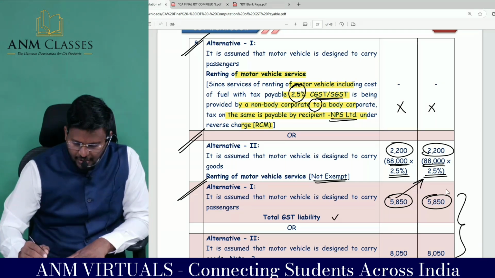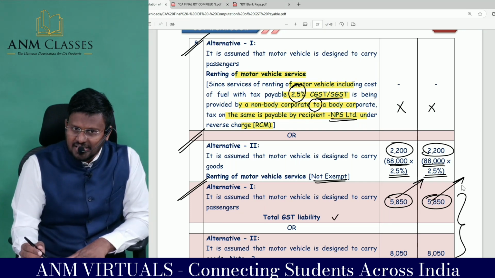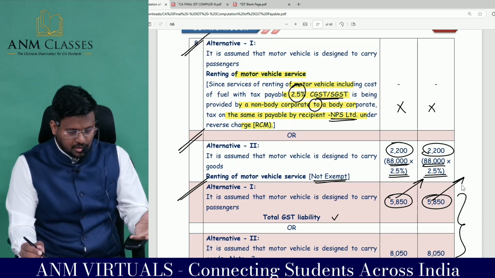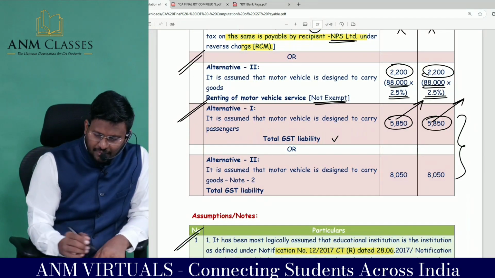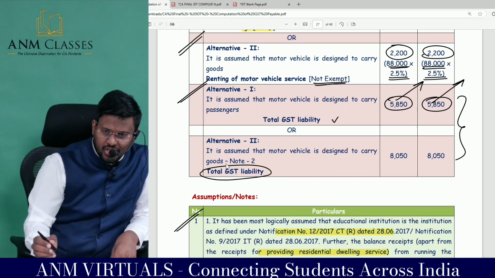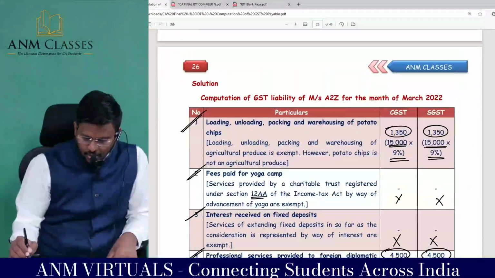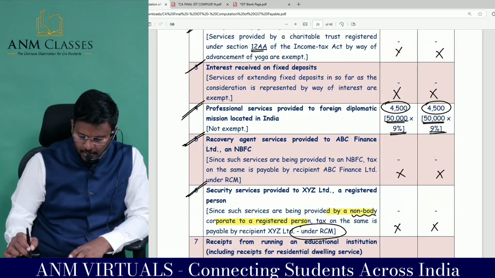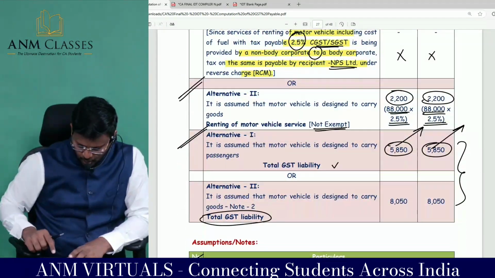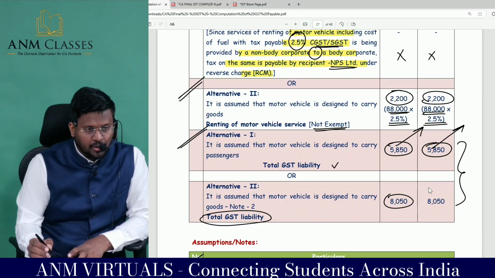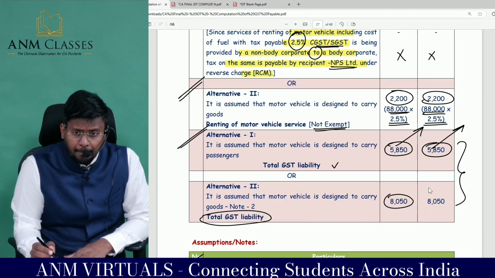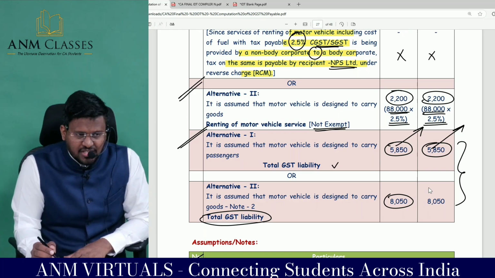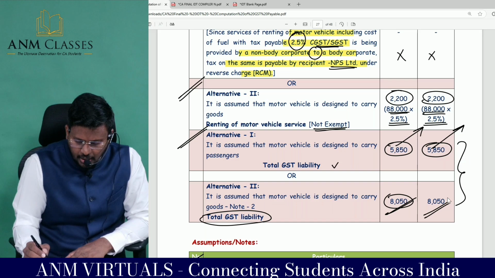So you will get 5850 CGST and 5850 SGST if you are travelling through assumption number 1, passengers. But if you are travelling through assumption number 2, the total GST liability we have to rework: 1350 plus 4500 plus 2200 comes to 8050. If it is not for passengers but for goods, RCM will not be applicable, FCM will be applicable, hence that liability will be 8050.